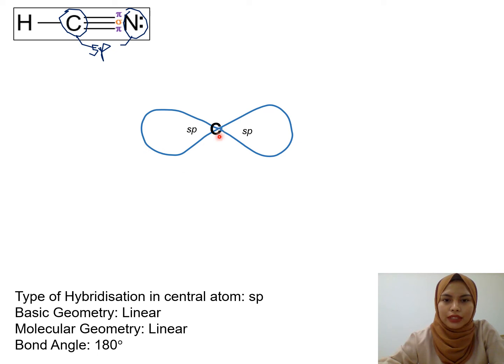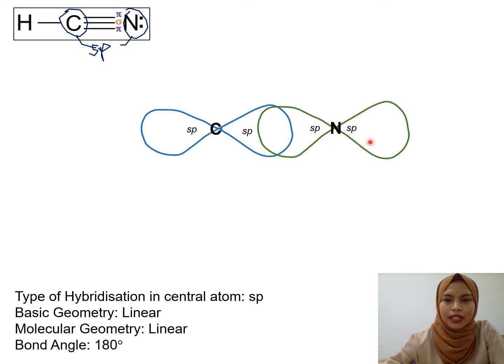So I will label this sp hybrid orbital dekat kedua-dua lobe ni I tulis sp and also carbon symbol. And then next I would like to draw the sp hybrid orbital untuk nitrogen atom. So I label this sp hybrid orbital milik nitrogen, and I label kedua-dua kelopak ni dengan sp.